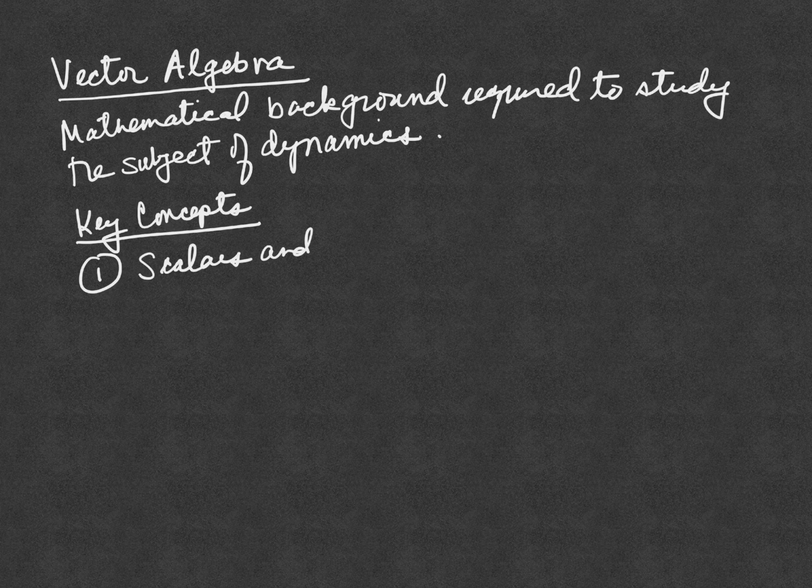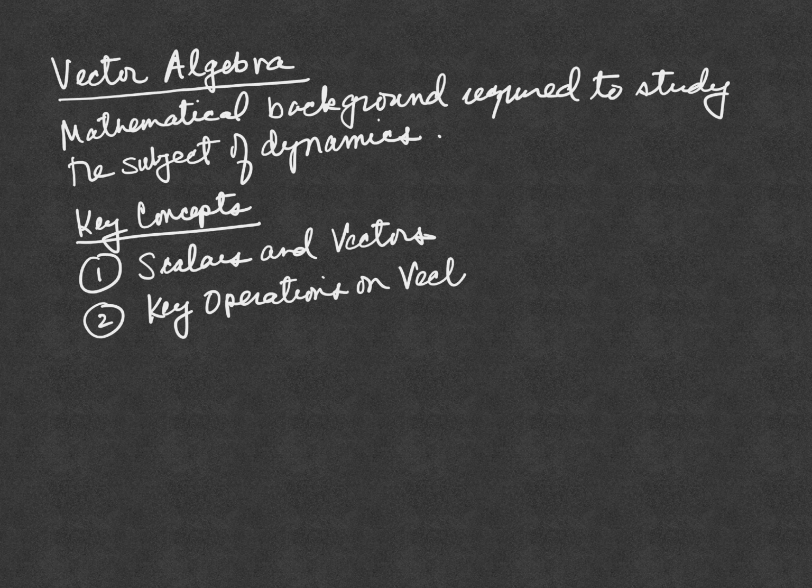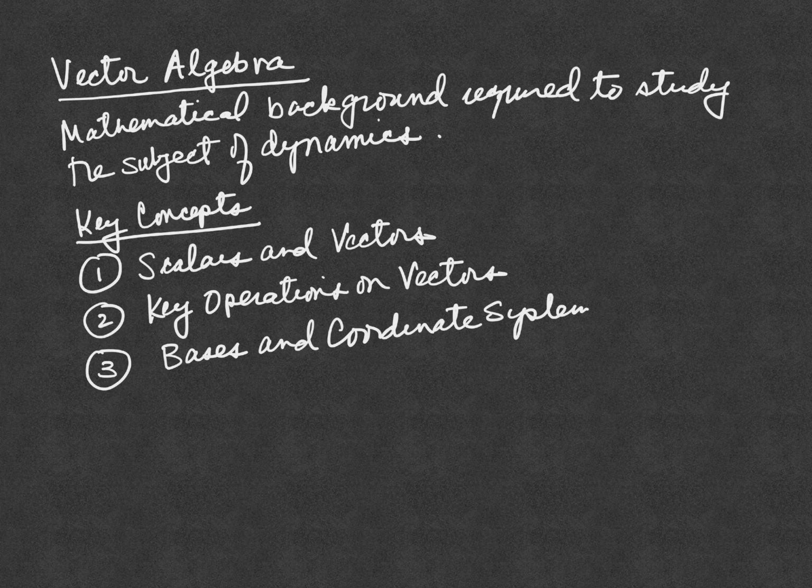And then we are going to describe the key operations on vectors. And then we are going to describe this very important construct of what are called bases and coordinate systems. And then finally, we're going to study coordinate transformations.